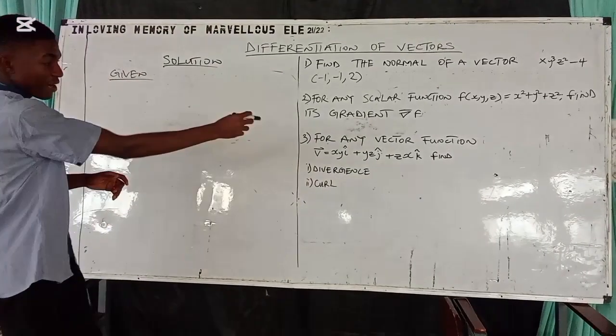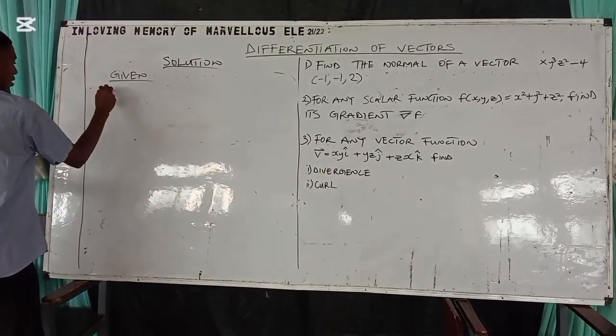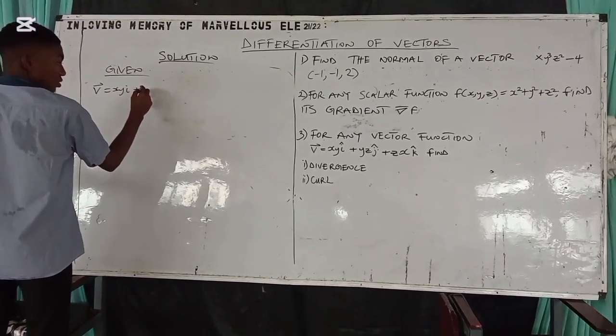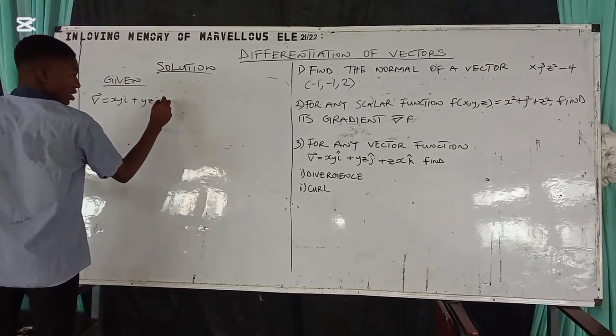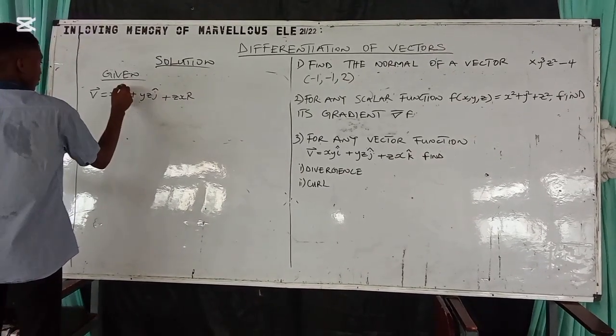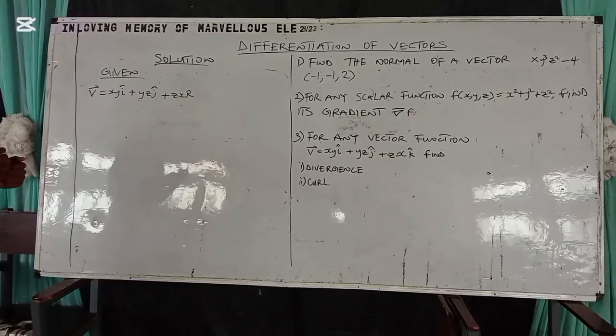We have our vector, which is V equals xy i plus yz j plus zx k. This is our vector.